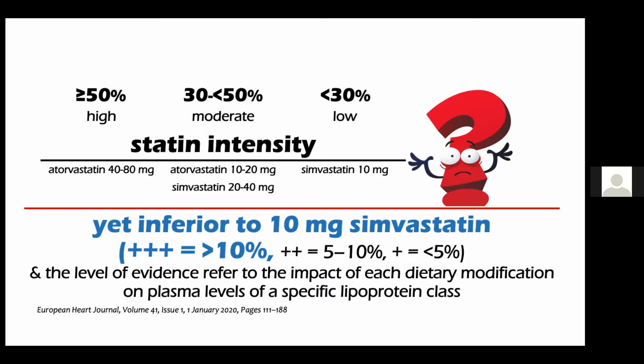If you want to reduce more than 30%, but less than 50%, you will start with 10, but you need as soon as possible to increase to 20 to 40 milligram of simvastatin, or move your patient to 10 to 20 milligram of atorvastatin. I just use the statin that we have access to. I didn't want to put the one that we cannot afford.